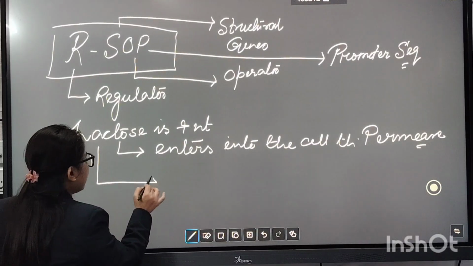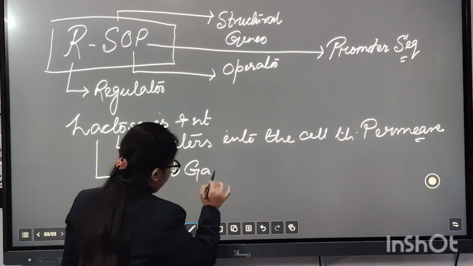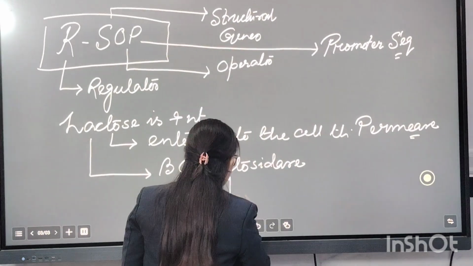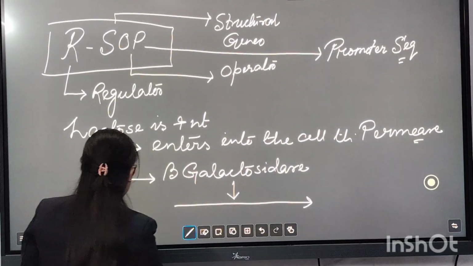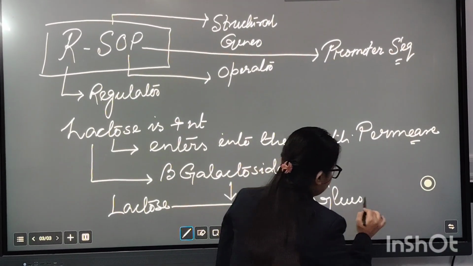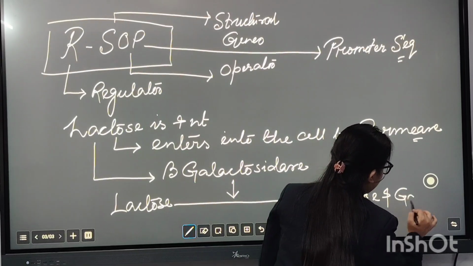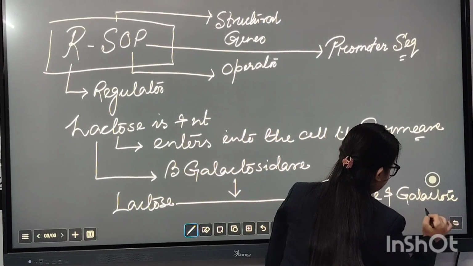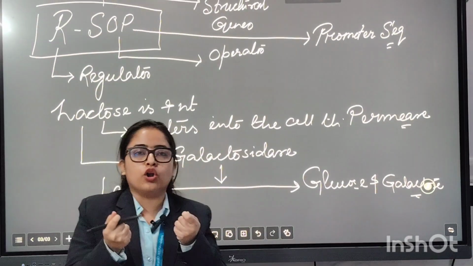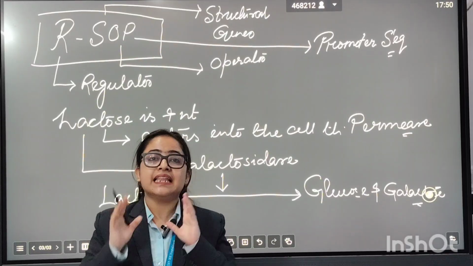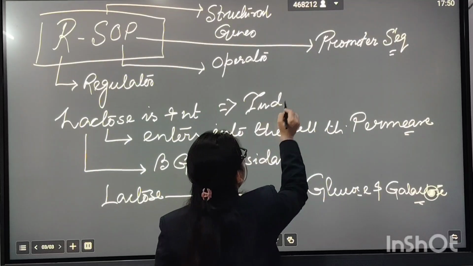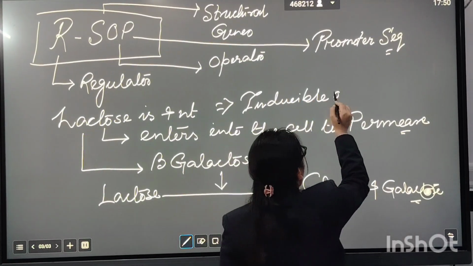And beta-galactosidase helps to break down the lactose into glucose and galactose. So basically, this lac operon is switched on when lactose is present inside the medium. That's why the lac operon is an inducible operon.